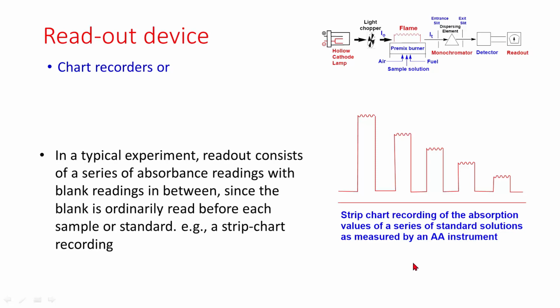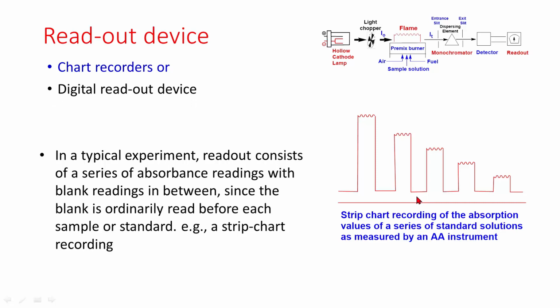In a typical experiment, the readout consists of a series of absorbance readings with blank. These represent the blank reading in between the standard solutions or in between the samples. The blank is ordinarily read before each sample or standard is fed to the atomic absorption spectrophotometer.